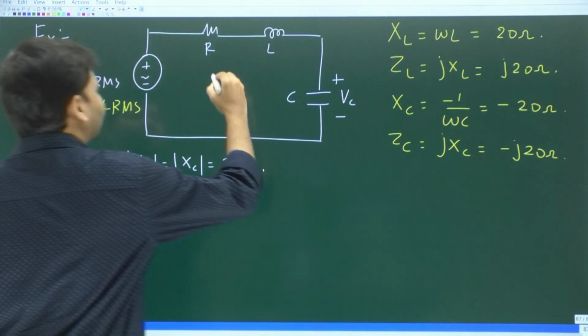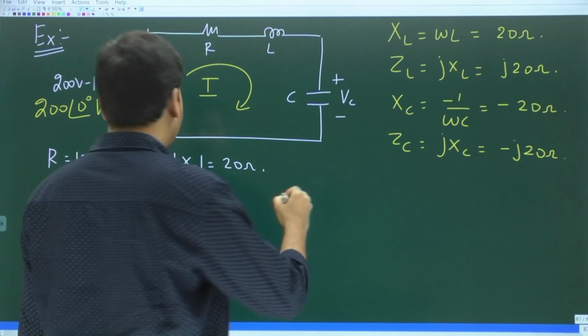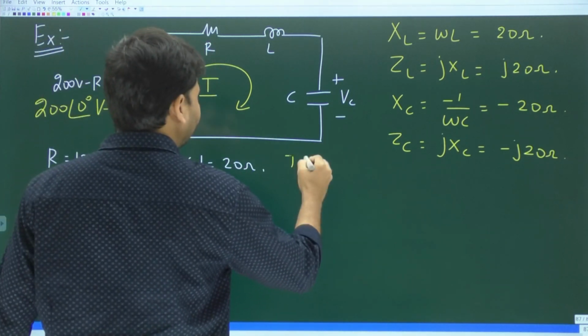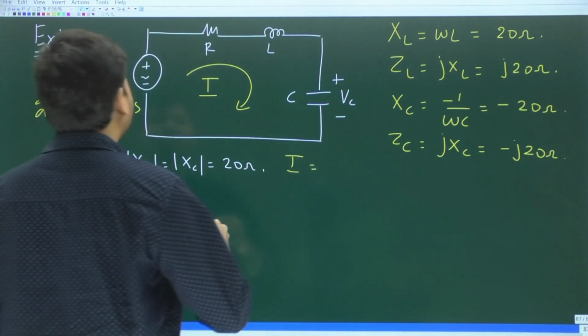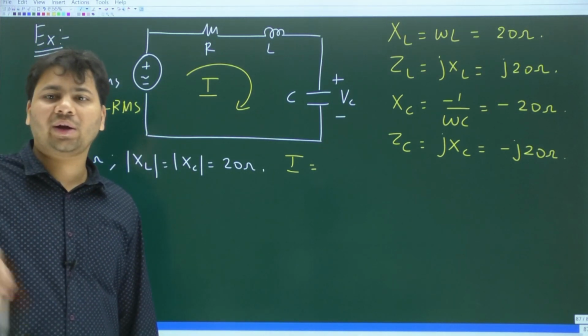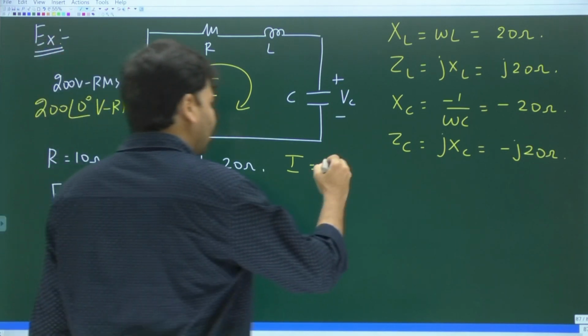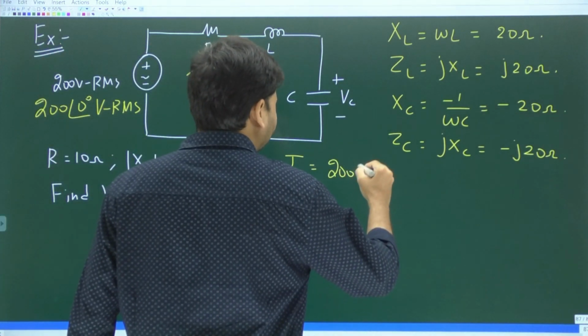Now let the phasor loop current be some I. Capital I is the applied phasor voltage divided by the net impedance in the loop. Applied phasor voltage is 200 volts RMS.